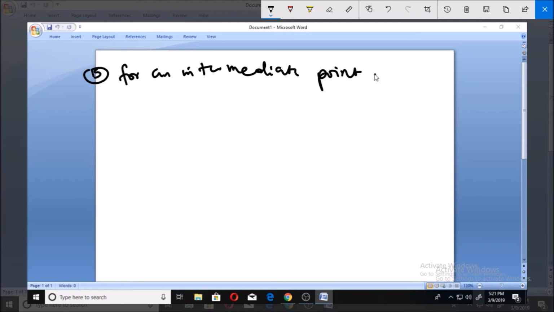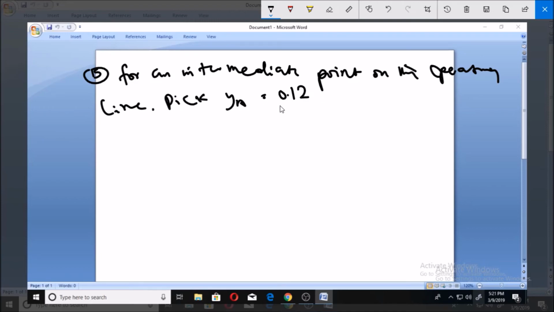For an intermediate point on the operating line, just pick YA to be equal to 0.12. Just pick a random number at the middle and calculate V and L.